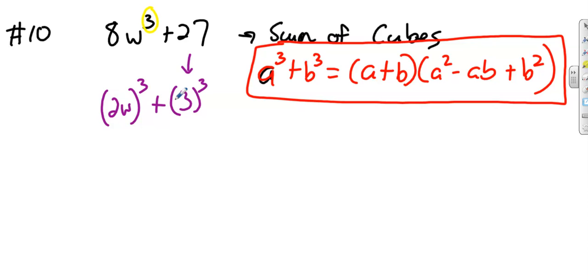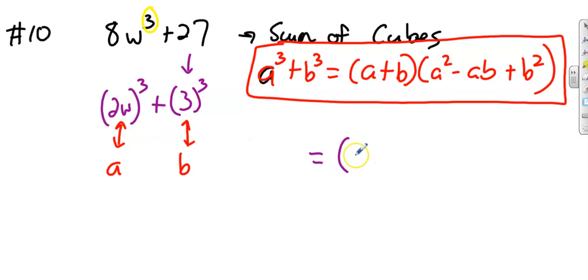Okay, and for the formula, basically, everywhere that you have a, you're going to take the a and replace it with 2w. Everywhere you would have a b, you're going to replace that with a 3. Okay, so again, we've already got the a cubed and the b cubed here. So let me actually scoot that over just a little bit.